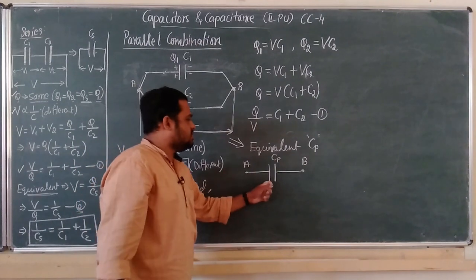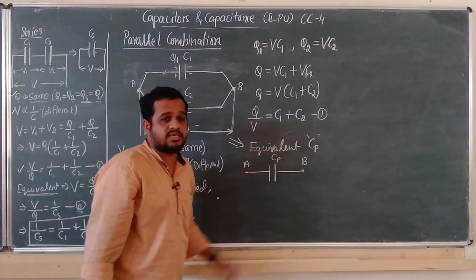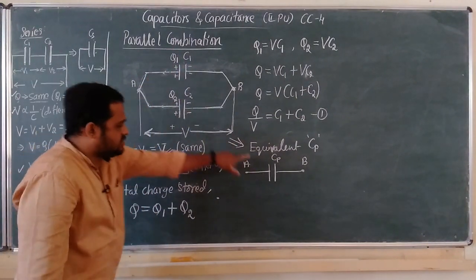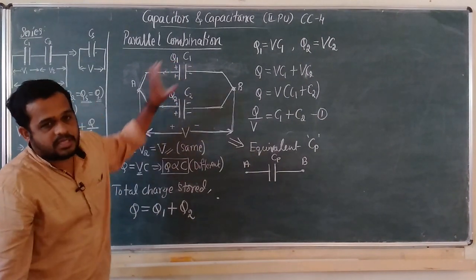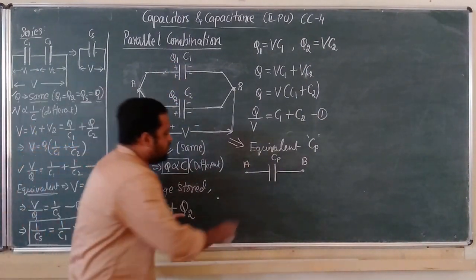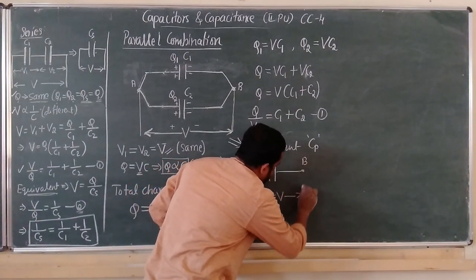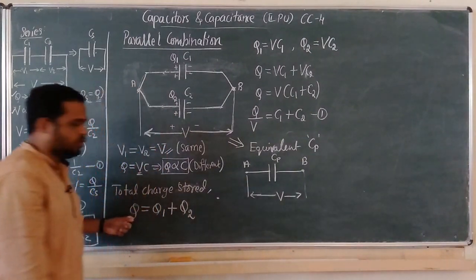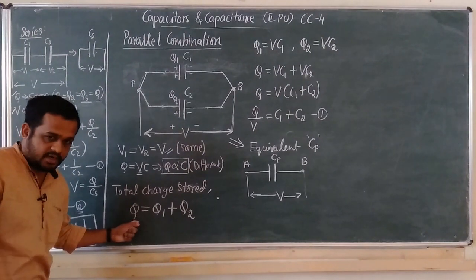This capacitor is said to be equivalent only when it produces the same effect as that produced by the parallel combination. That means when you connect it to the same potential difference of V volt, it must store a charge of magnitude Q. Now these two together will store a charge of magnitude Q.